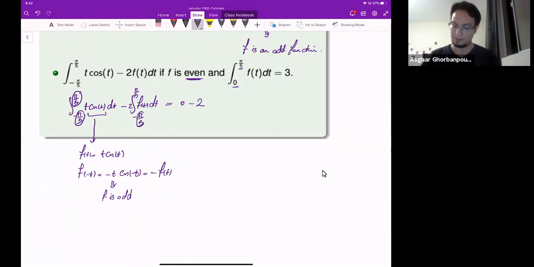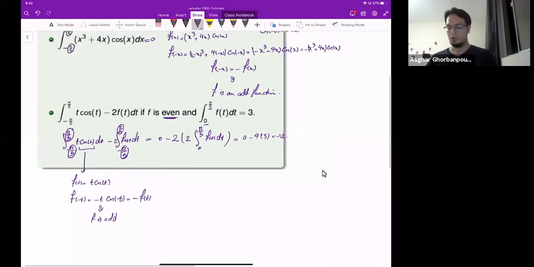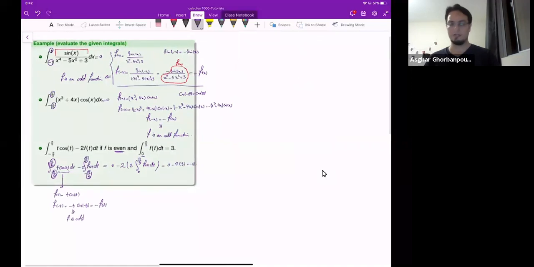Then the integral from negative a to a is twice the integral of f from 0 to a. And this way we have 0 minus 4 times 3, which is negative 12. So just by looking at the properties or symmetries of the function, we were able to evaluate some of these integrals.